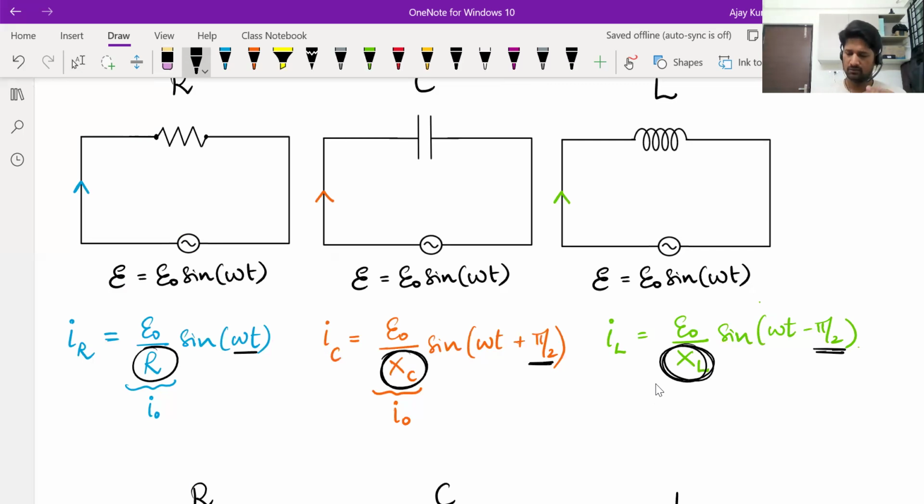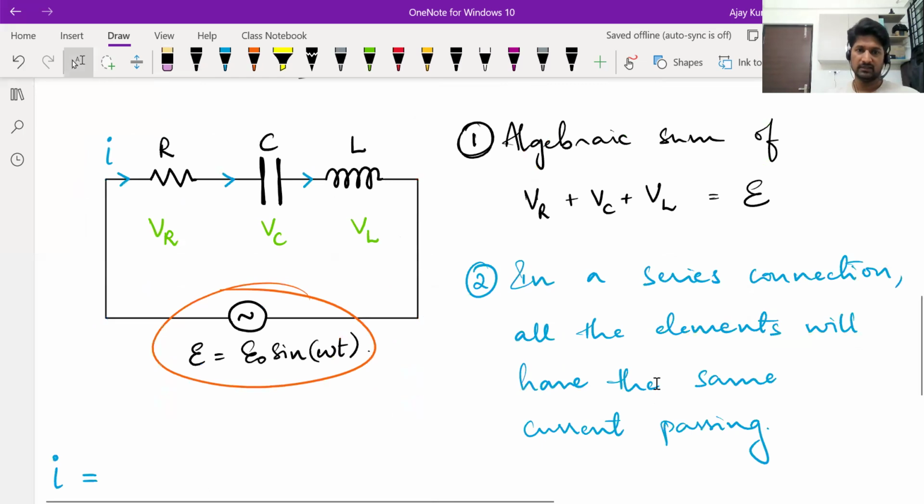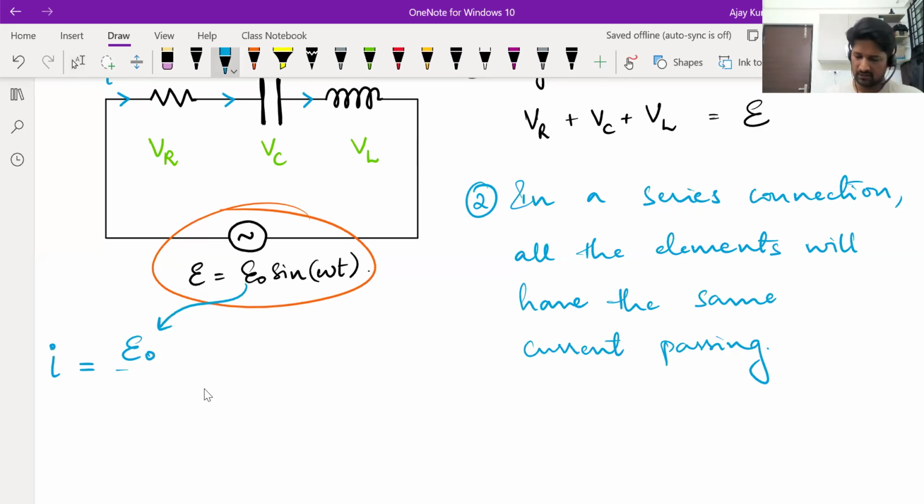Fine. So here we have the EMF equation E naught sine omega t. Then the current equation should be of this form: E naught, the peak value of EMF taken as it is, divided by something.